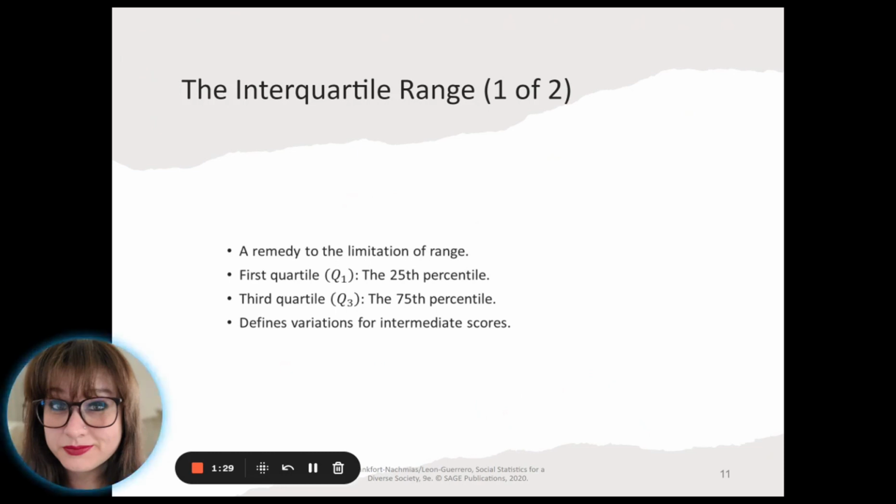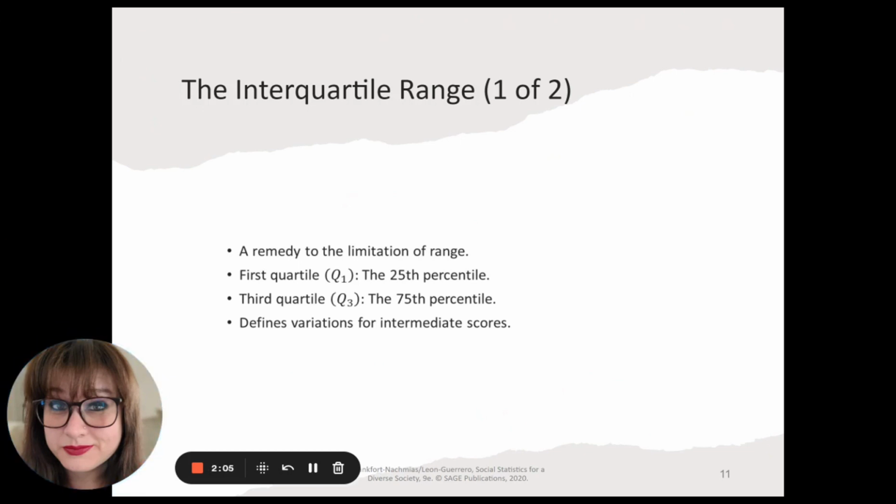But again, that range doesn't necessarily give us a whole lot because it really is just the difference between the highest and the lowest, and there may only be one score at each of these extremes. So understanding that there are a lot of limits to the range is important. But moving forward, there are a lot of ways to also figure out the variability within that range or your data set.